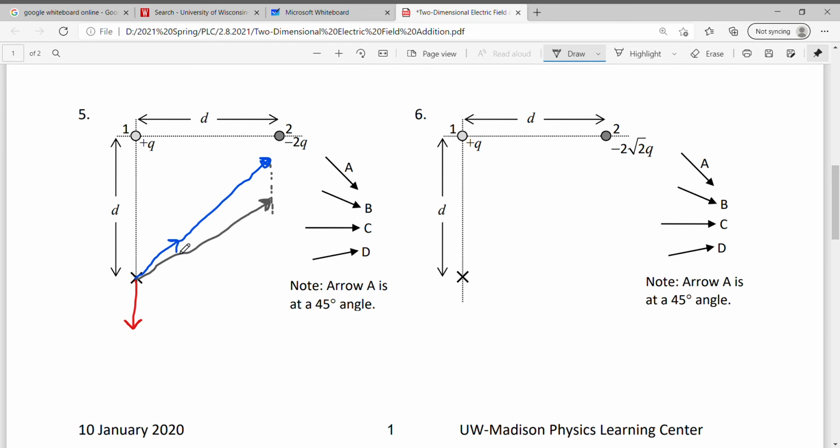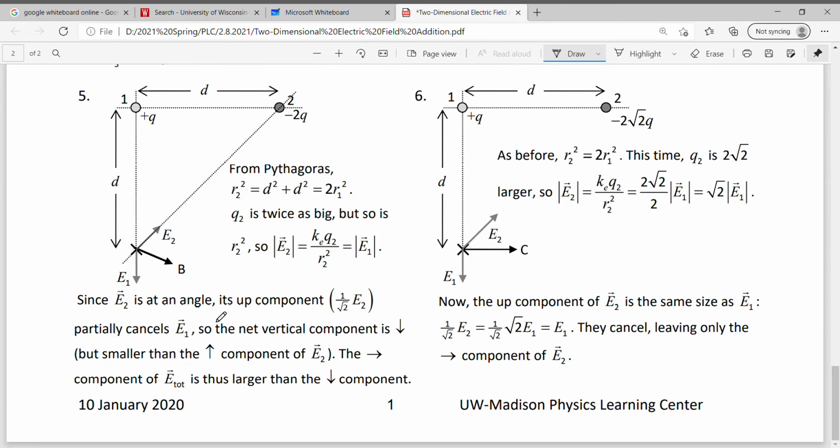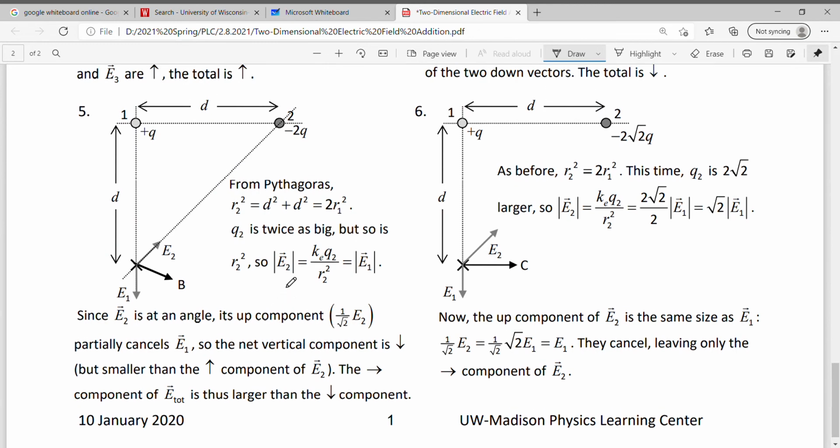However, if the blue vector is only this long, then the summation of these two vectors will be this. So the summation of vectors is not only about the angles, but also the magnitude of the vectors. Here, we have the same magnitude, which means E1 and E2 are equal to each other.